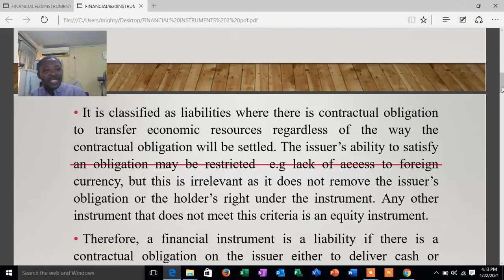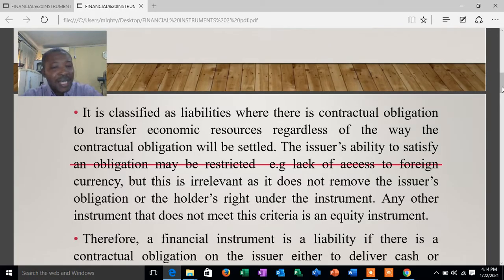So don't forget, a financial instrument, on one hand, is a financial asset, on the other hand, a financial liability or equity. So that's our focus. When do you classify a financial instrument as equity, or as liability?